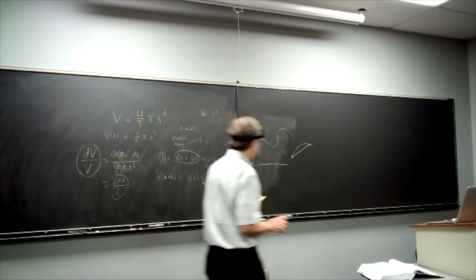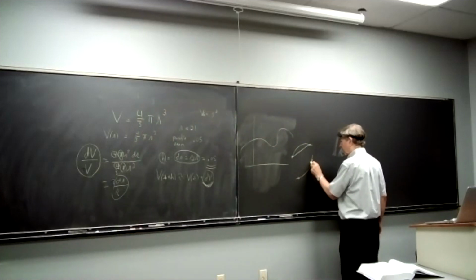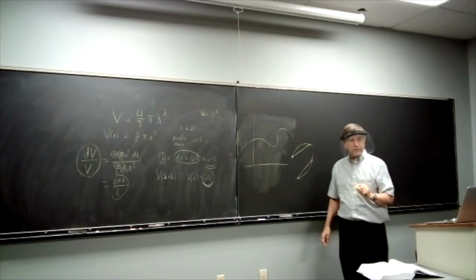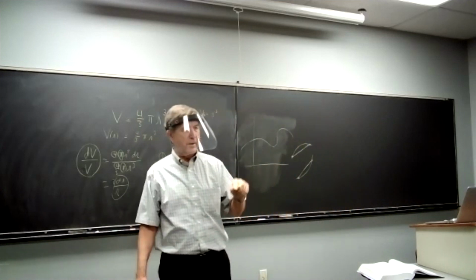If, when you look at a curve and you connect it with 2 points and the line is always above the curve, this is called convex or concave up.